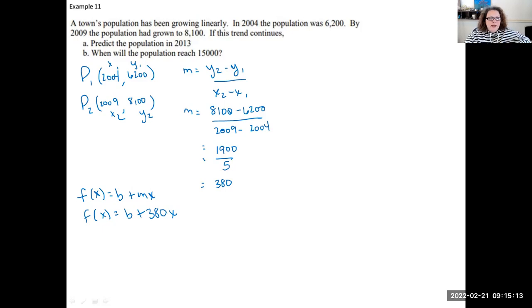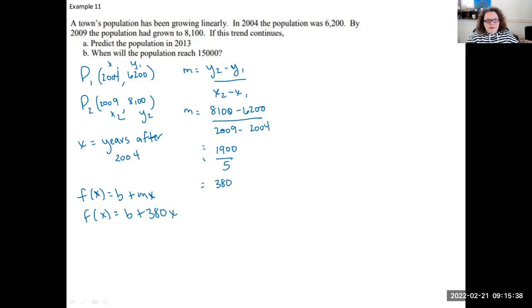But we need to know that x is equal to years after 2004. I'm going to say that's my initial starting point. And if I do that, I would know that my initial starting point is 6,200.